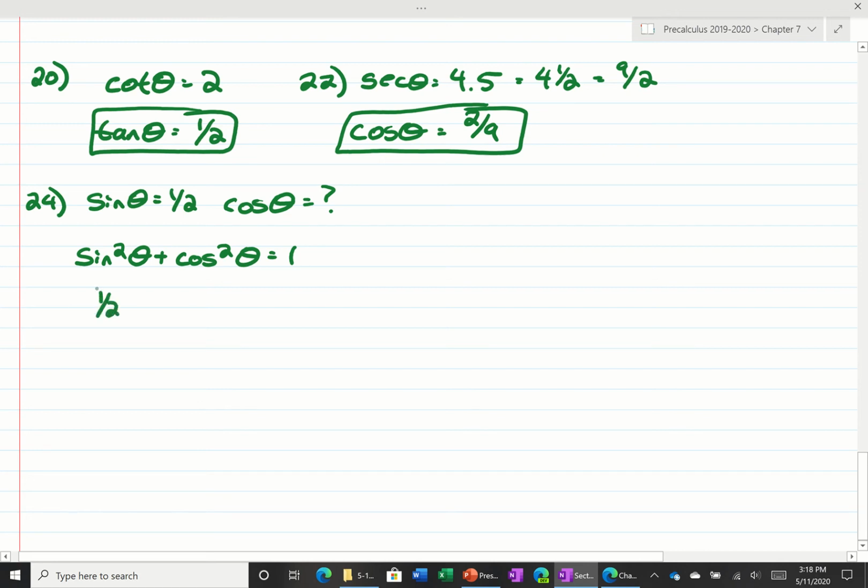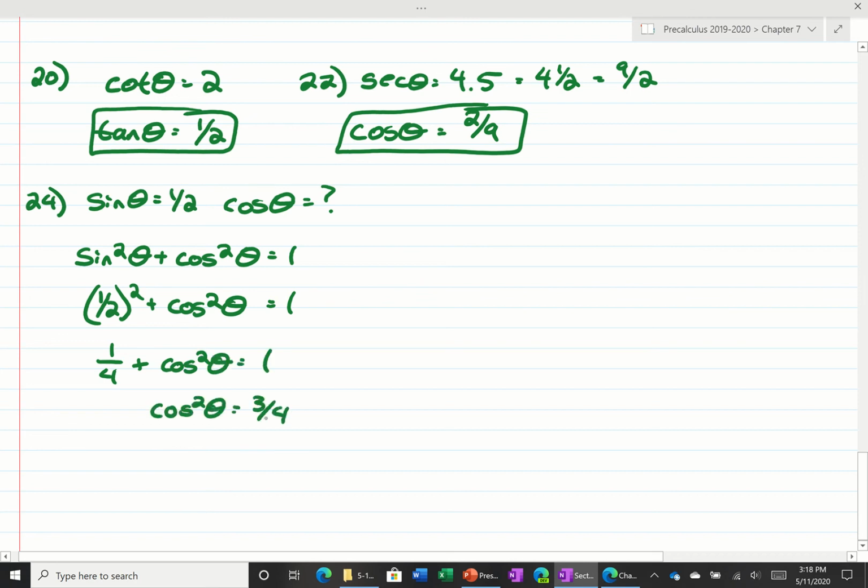So let's plug in 1/2. 1/2 squared is 1/4. Bring the 1/4 over and take the square root. Remember, we get absolute value, which just turns into a plus or minus.